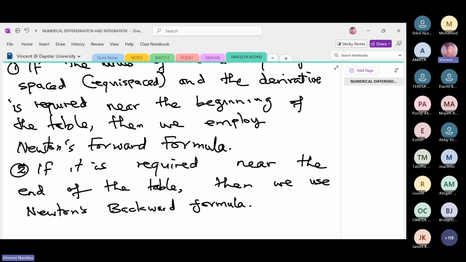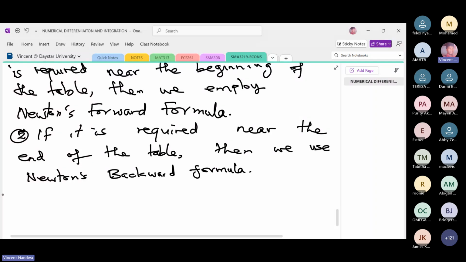That is simply to say that for the derivative formula you apply when dealing with equally spaced mesh points, if you have been asked to find the derivative at the end of the table, then your method should be derived from the Newton's backward interpolation formula.